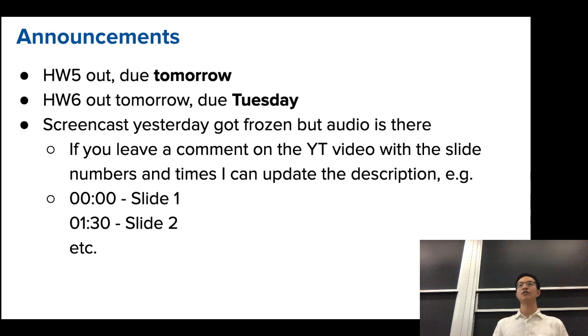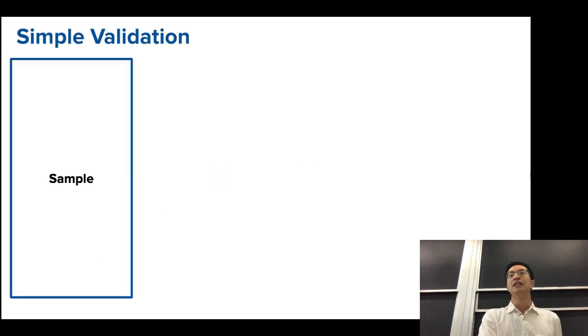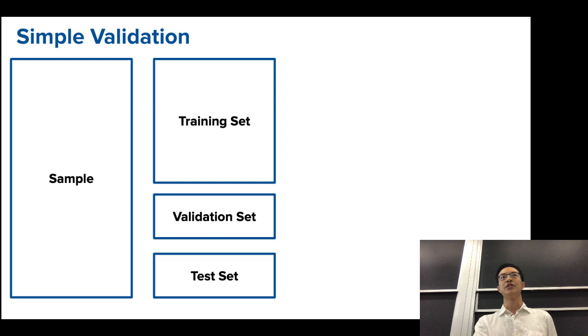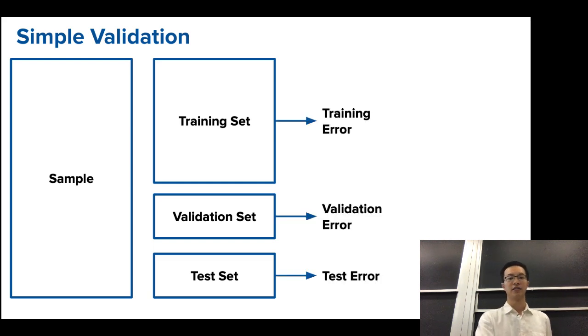But the main question with all of this model tweaking is how do you pick the best model among many models? That is the purpose and the goal of cross-validation. As I mentioned yesterday, in Data 8, we learned this technique where you take your original sample and split it up into a training set, a validation set, and a test set, and then you compute three separate errors, right?